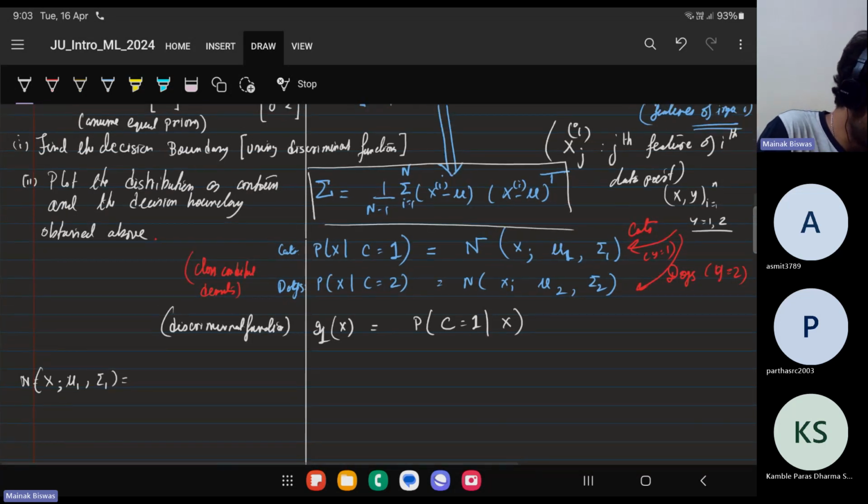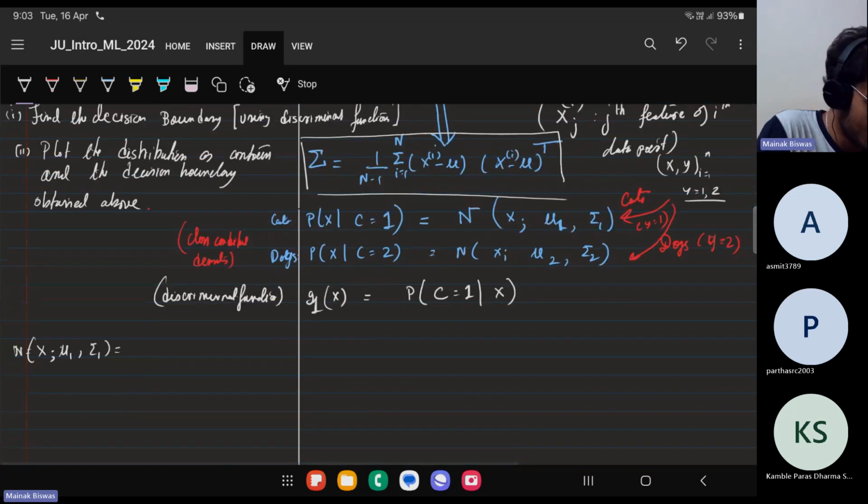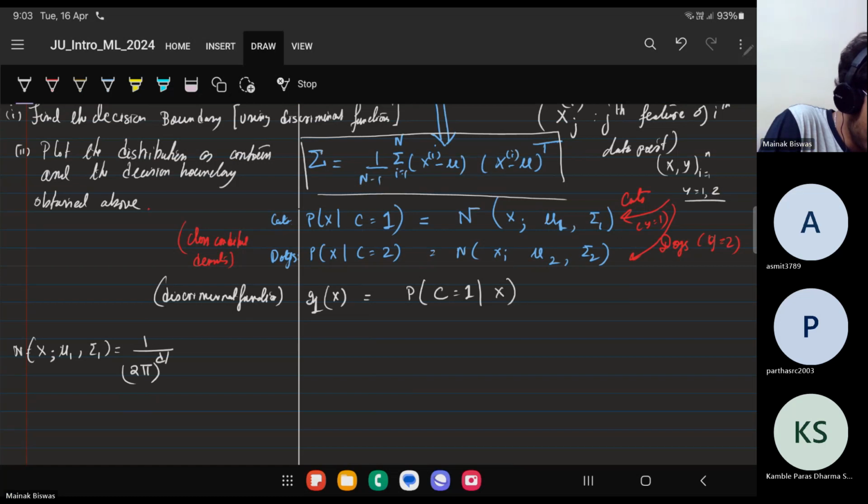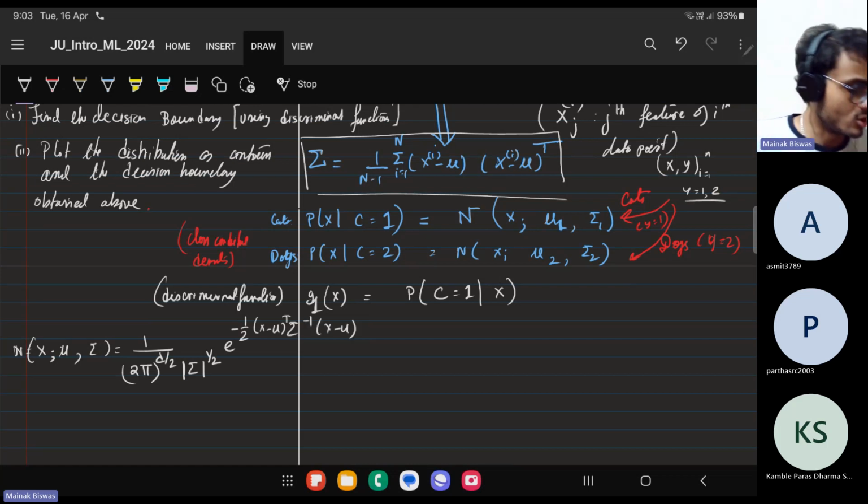Not very important for UG, that's why I've not done it here. The density is 1 over 2 pi to the power d by 2, determinant of sigma to the power half, e to the power minus half (x minus mu) transpose sigma inverse (x minus mu). Do you see a similarity between the one that you learned in single dimensional and multidimensional?